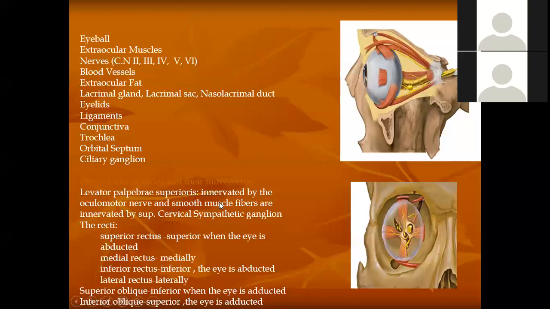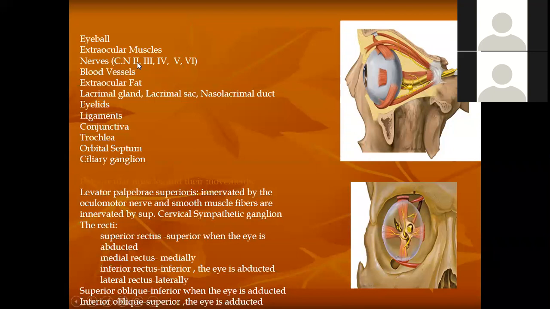Now again, these are some of the contents of the orbit. We all know that the eyeball is the largest content of the orbit. There are extraocular muscles. There are cranial nerves which supply the eyeball, and this is, I think, a typing mistake.